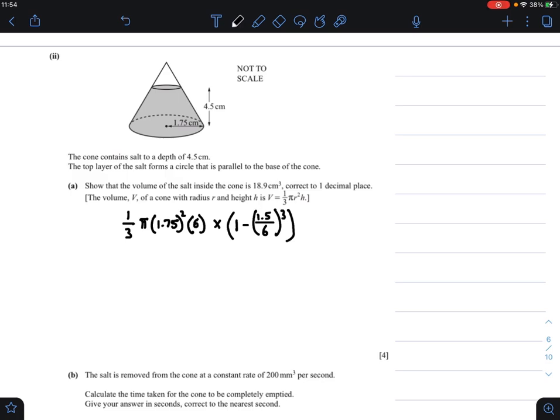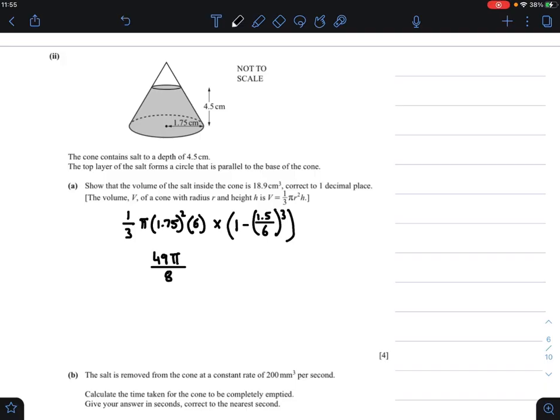So 1.75 square multiplied by 6 multiplied by pi divided by 3 is equal to 49 pi by 8. I'll just confirm this one.